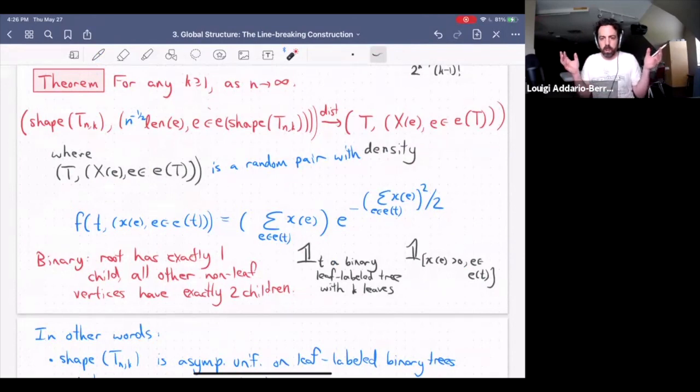Okay, so we can always just think about this as an ordered vector of length 2k minus 1, and then use that ordered vector to weight the edges of the tree according to our rule for how the edges are ordered.